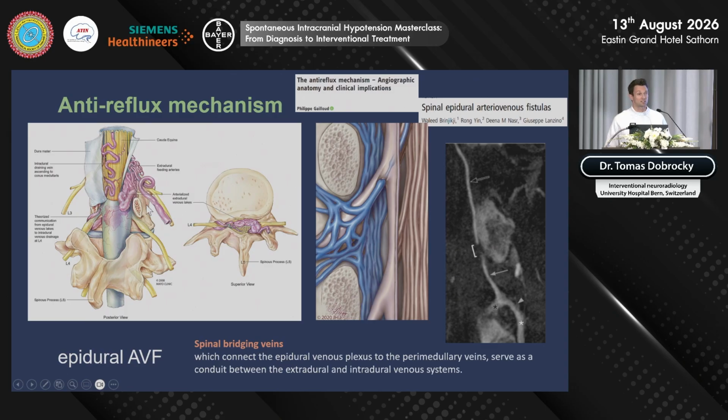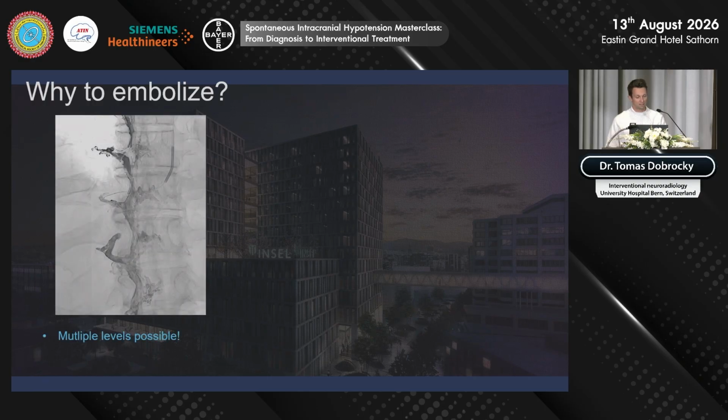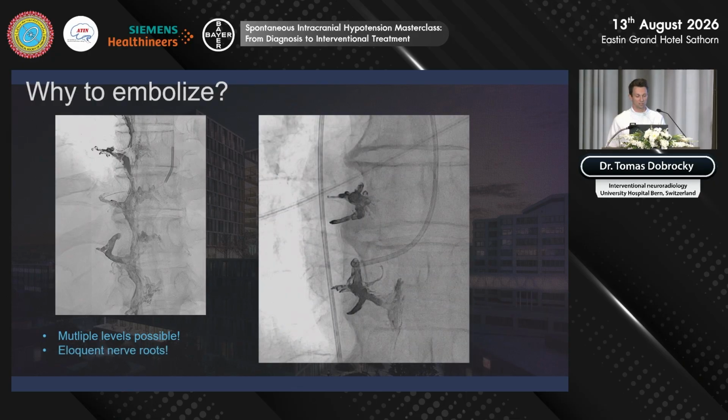There are some exceptions to it. There can be epidural AVFs which actually drain intrathecally, but it's quite rare. So we believe that this is one of the mechanisms which makes our procedure pretty safe, because none of us has ever experienced an embolization within the intramedullary veins in any of these CSF venous fistula cases.